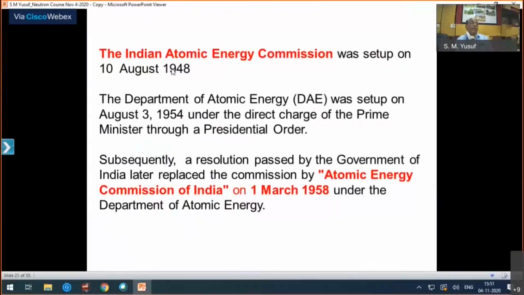So you see how advanced we were in terms of the atomic energy program, thanks to Professor Bhabha. And then of course the Atomic Energy Commission was formally formed on 1st March 1958. Presently it is under the Department of Atomic Energy, and I'm fortunate to be under DAE.